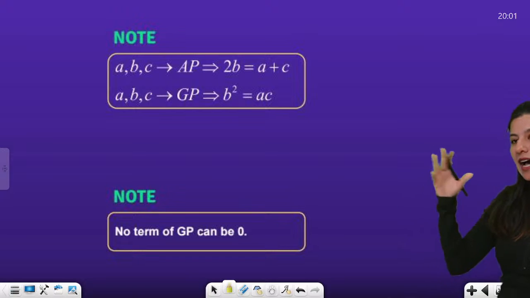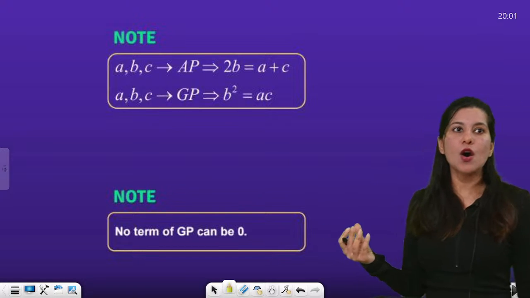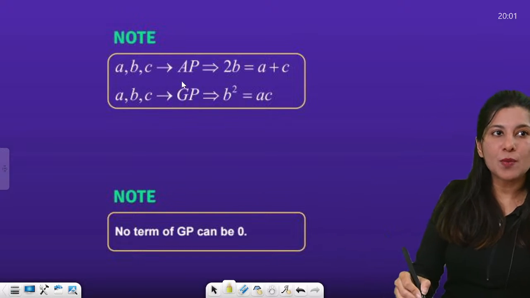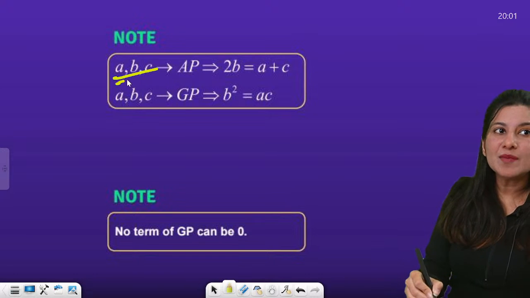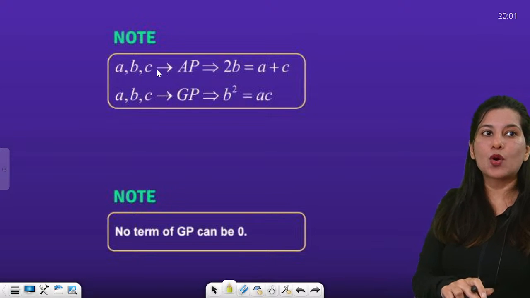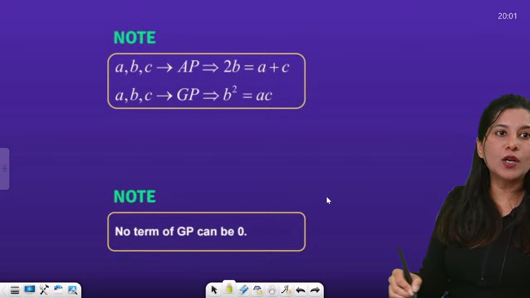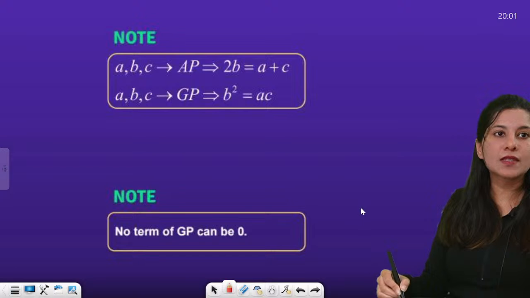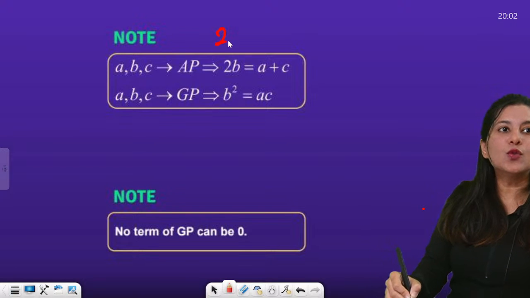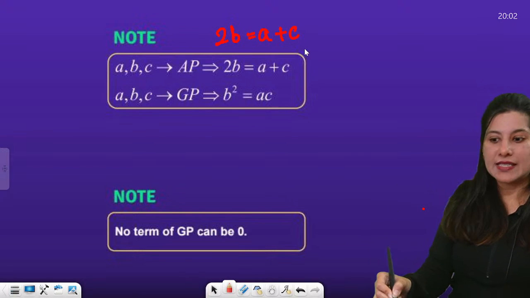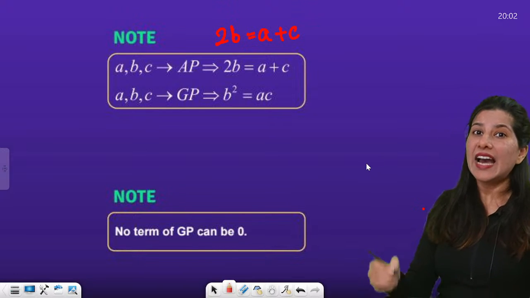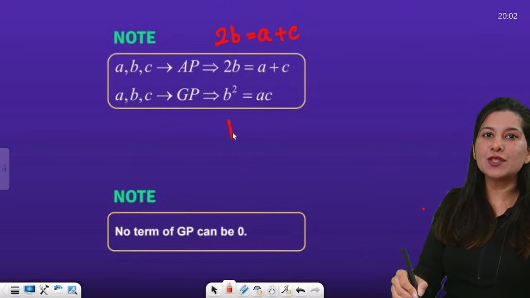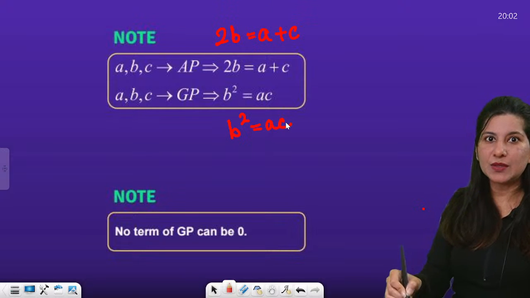Let us first have a brief comparison of arithmetic progression and geometric progression. If three terms A, B, C are given in AP, we can clearly write that 2B is equal to A plus C. And if three terms are in geometric progression, we can say B square is equal to AC.